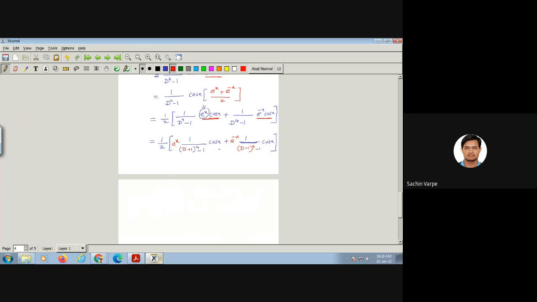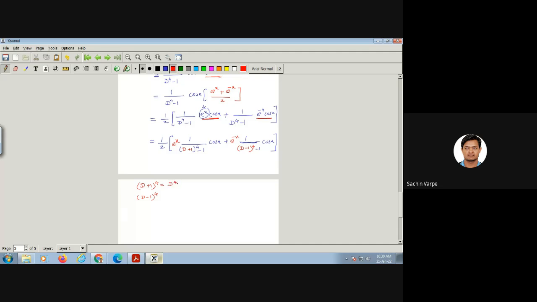Now we have to expand these two, D plus 1 the whole raised to 4 and D minus 1 raised to 4. If you know Pascal's triangle, you can expand immediately. The expansion is D raised to 4.